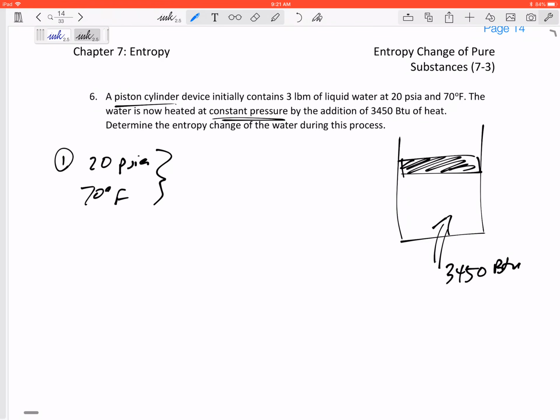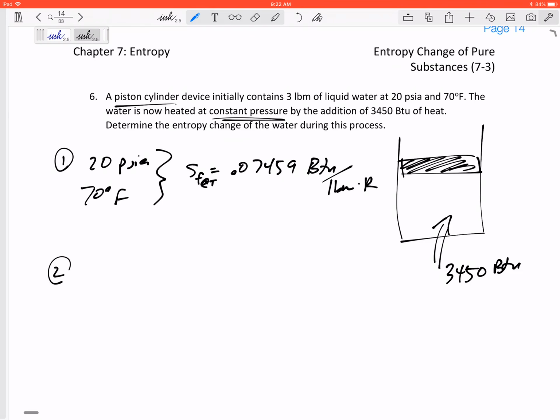If I have a compressed liquid, I could go to the compressed liquid table with that pressure and temperature. Or I could use the s_f at 70 degrees Fahrenheit. So I'd go to the water temperature table. At 70 degrees Fahrenheit it is 0.07459 BTU per pound mass Rankine. All right, so that's the S1.